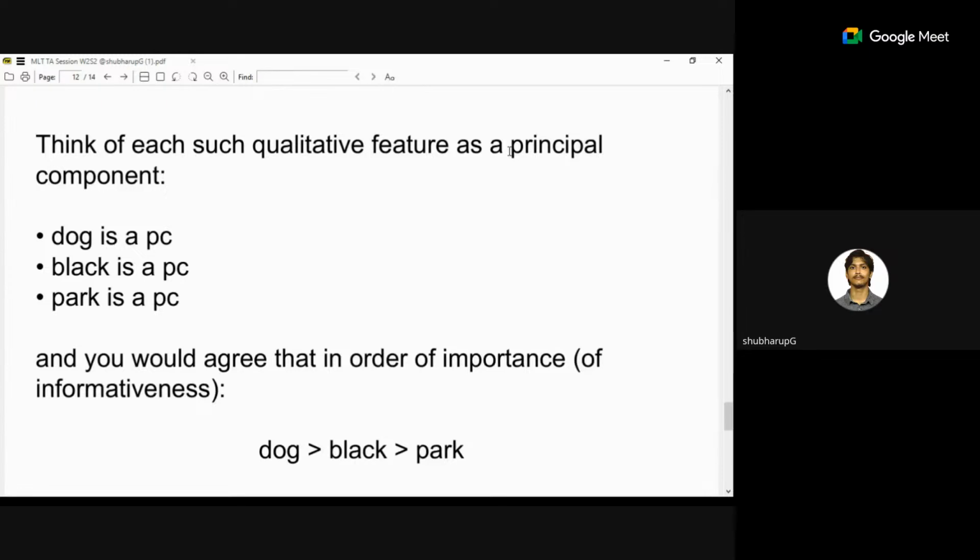So it's a loss in the sense of a missed opportunity. There's a better principal component that's possible, right? So that is about it. A principal component as a qualitative feature. Alsatian as a principal component would not be a very important qualitative feature, because most of the pictures are not of Alsatians. Yes? Okay.